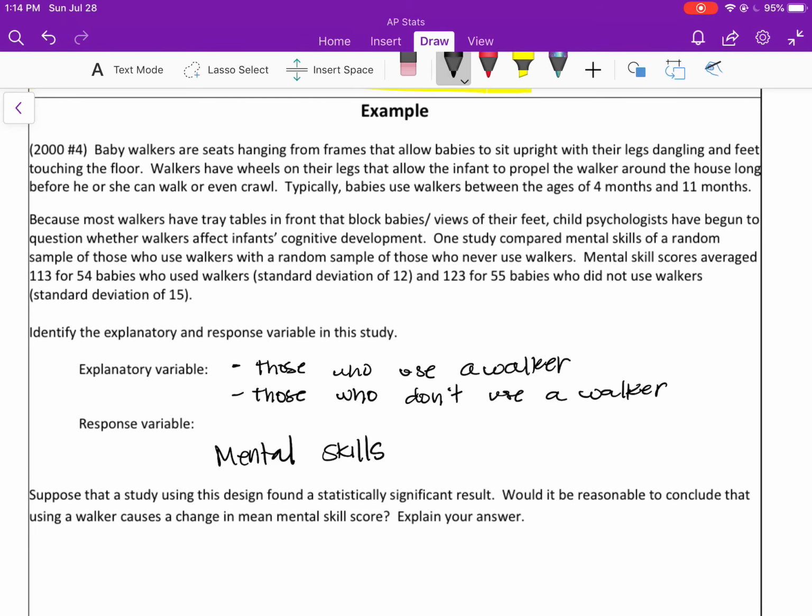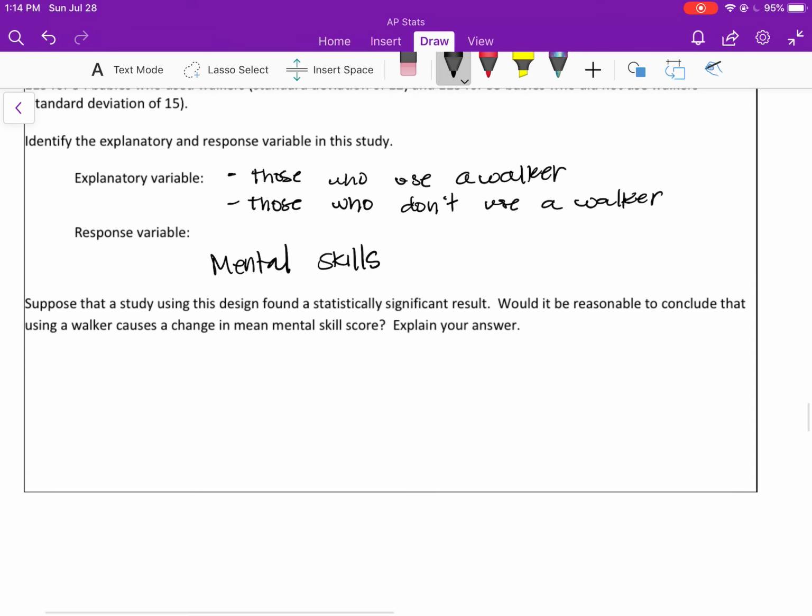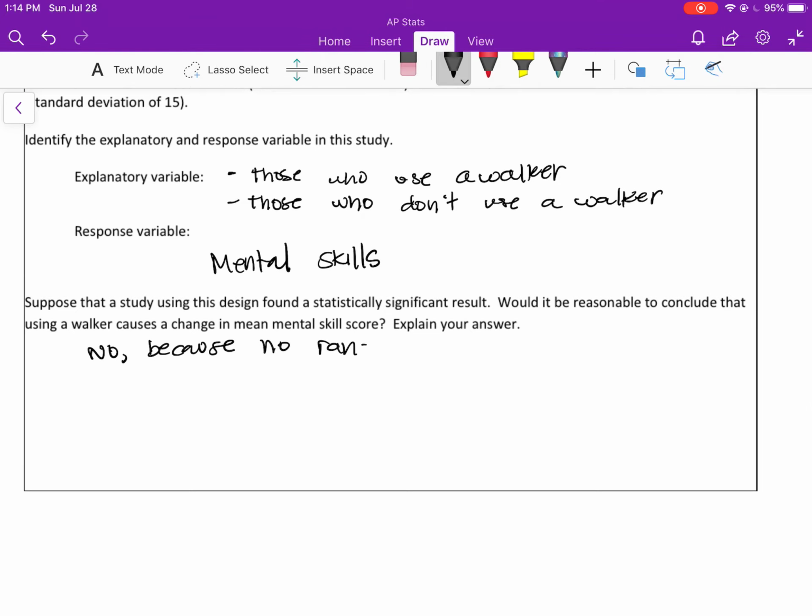Okay. Suppose that a study using this design found a statistically significant result. Would it be reasonable to conclude that using a walker causes a change in mean mental skill score? No, because no random assignment was given.